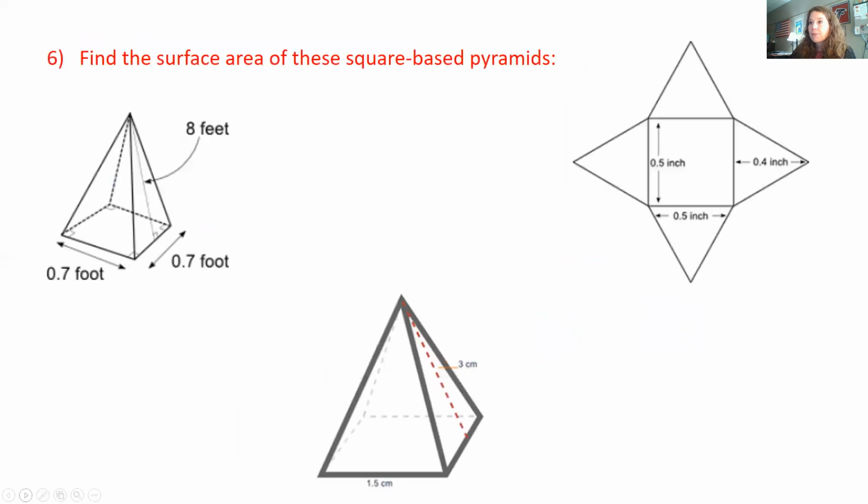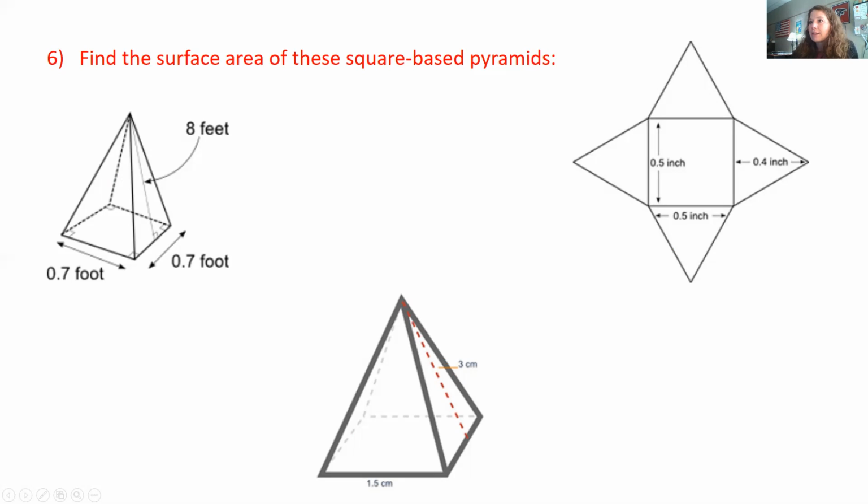All right, so finally on the last slide here, these are all square-based pyramids. Now, a pyramid is when all the sides are triangles. And in this situation, our bases are all squares. Prisms have all sides that are rectangles, but pyramids, all the faces are triangles.